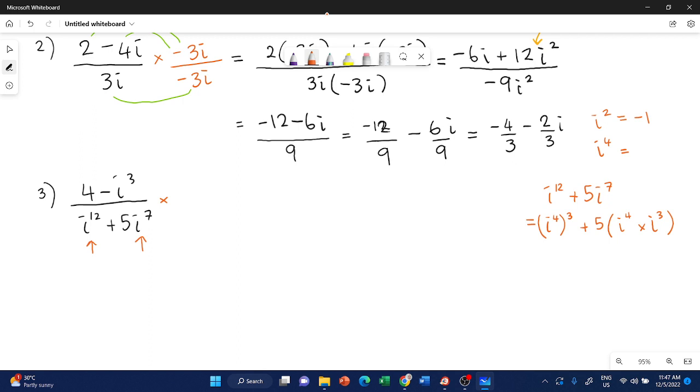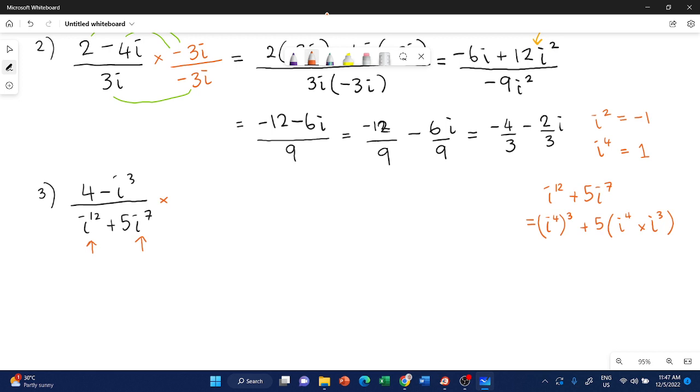So what is i4? i squared times i squared, right? Yes. So i squared is negative 1. So i squared times i squared gives i4, which is equal to 1. Okay, good.